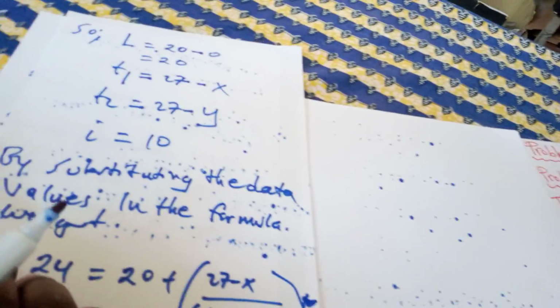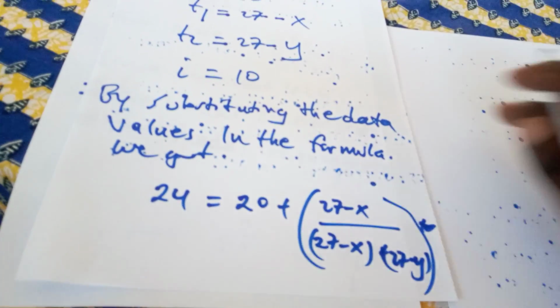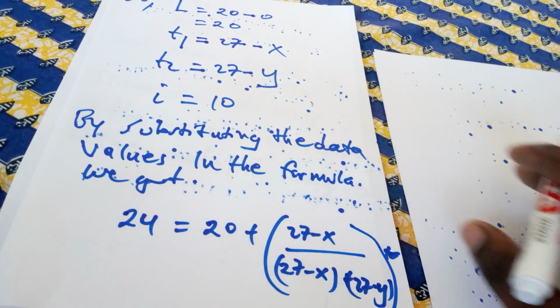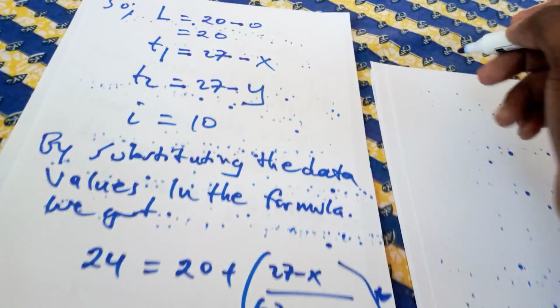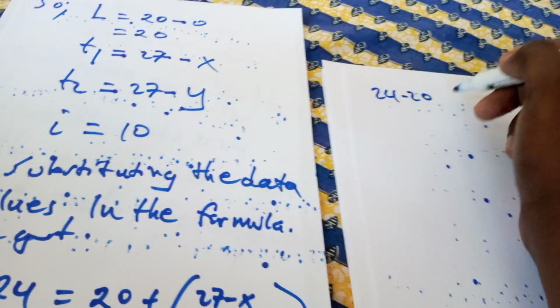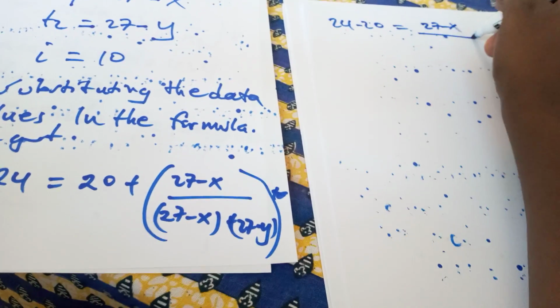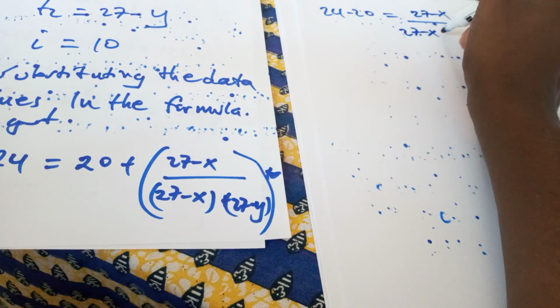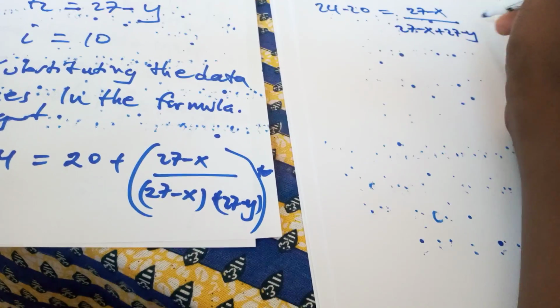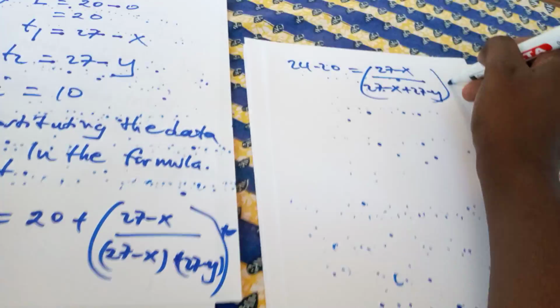We proceed by subtracting 20 from both sides. It means 24 minus 20 equals 27 minus x over 27 minus x plus 27 minus y, bracket times 10.